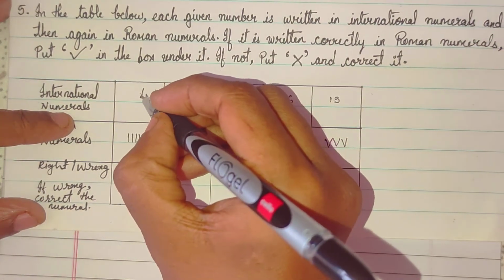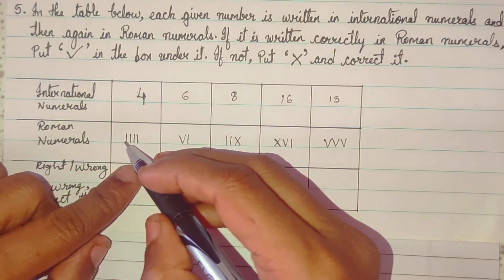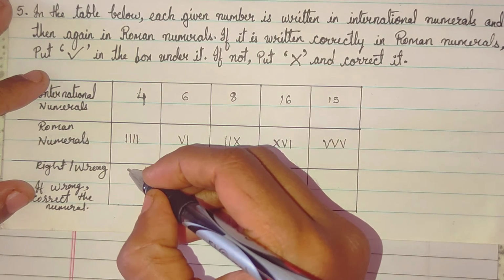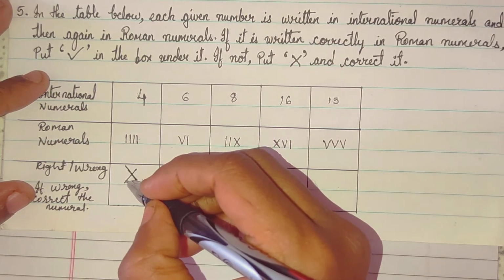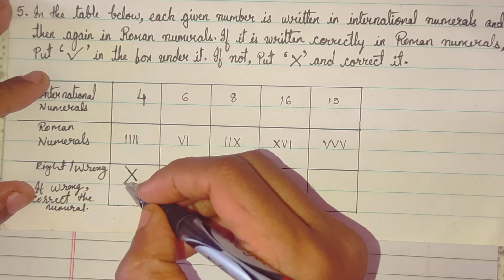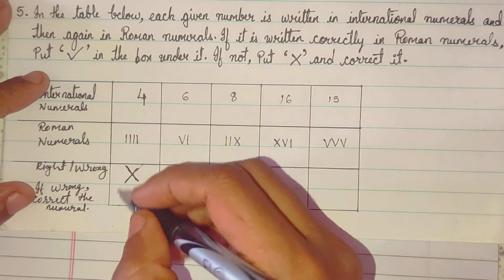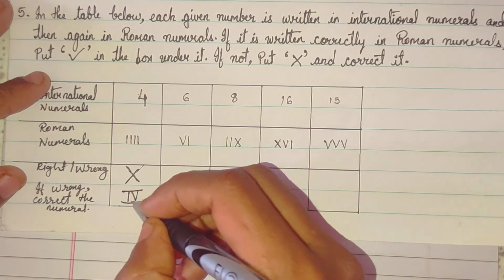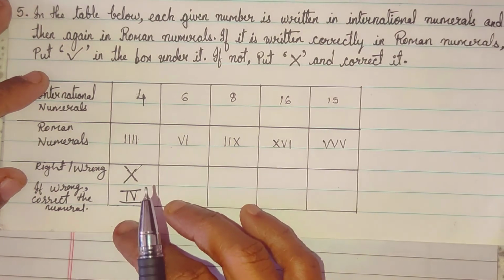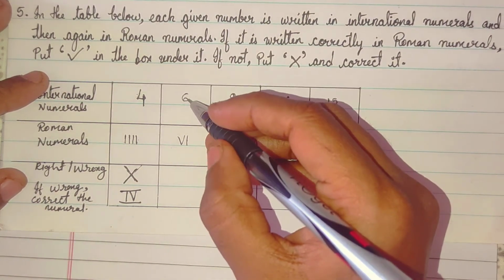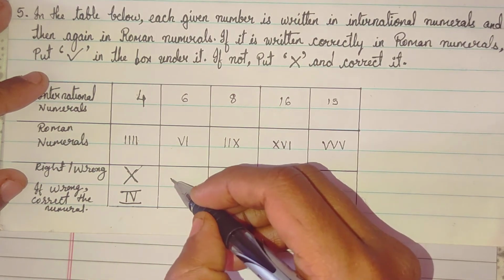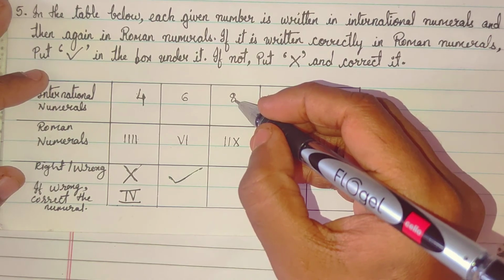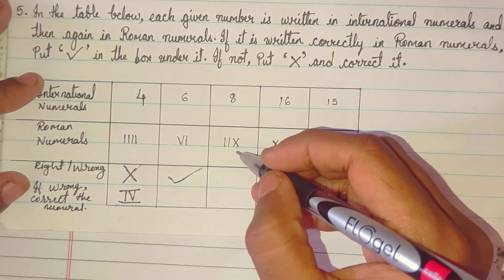So see, the first one is what? 4. And they have given 4 lines, 1, 2, 3, 4. So this is wrong. So this sum is wrong. So what is the right one? 5 minus 1, this is the correct answer. Then 6, 5, 6, this is correct.